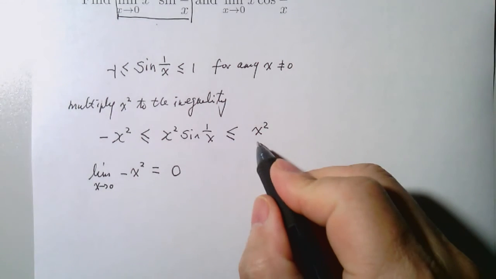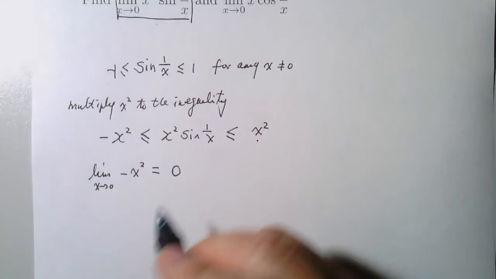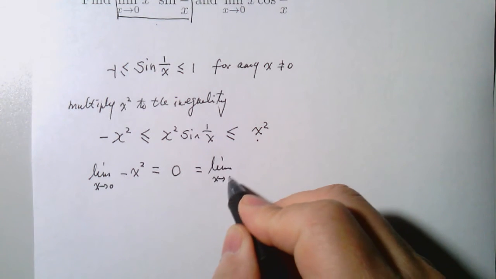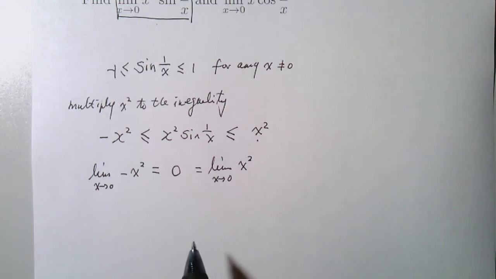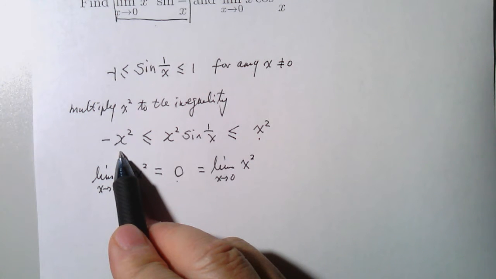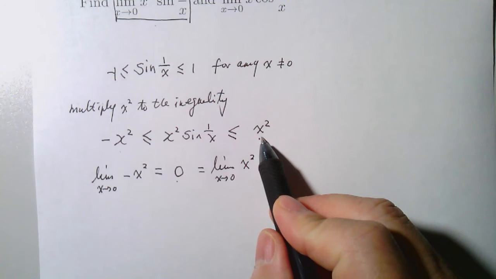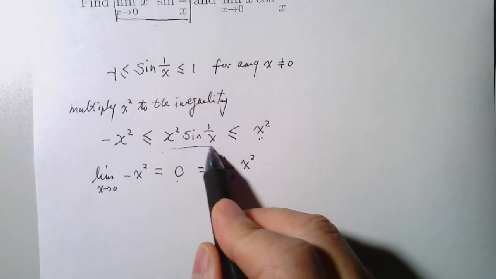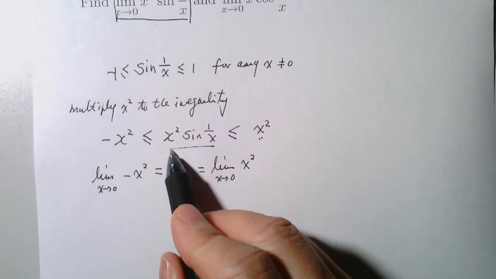And similarly for x squared, when you take the limit as x goes to 0, of course the limit also equals 0. So now, because this limit goes to 0 and this limit goes to 0, by the squeeze theorem, this limit must exist, and the limit also equals 0.